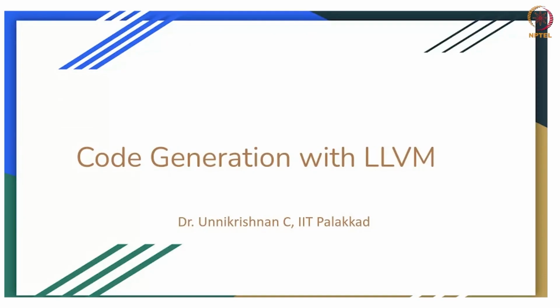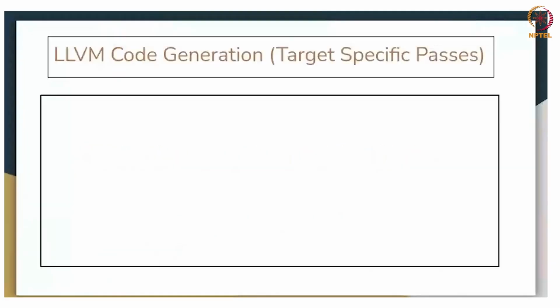So hi everyone, for this second half, we look at code generation with LLVM: how the LLVM code generation happens and what the basic concepts and basic data structures used in the LLVM backend are. And these are target specific passes.